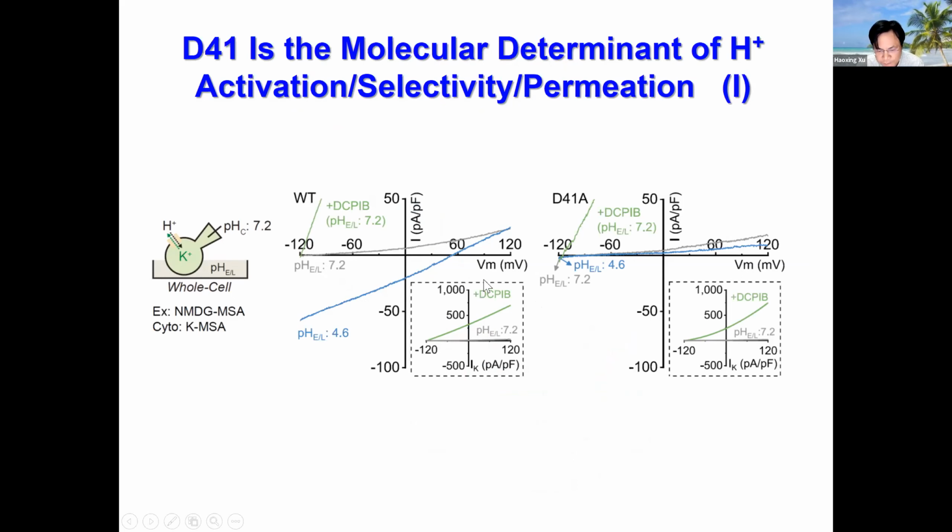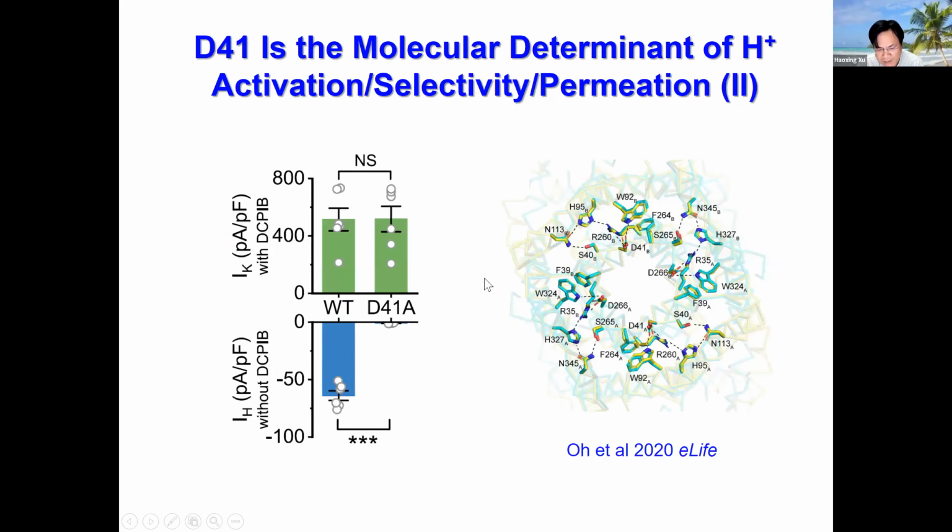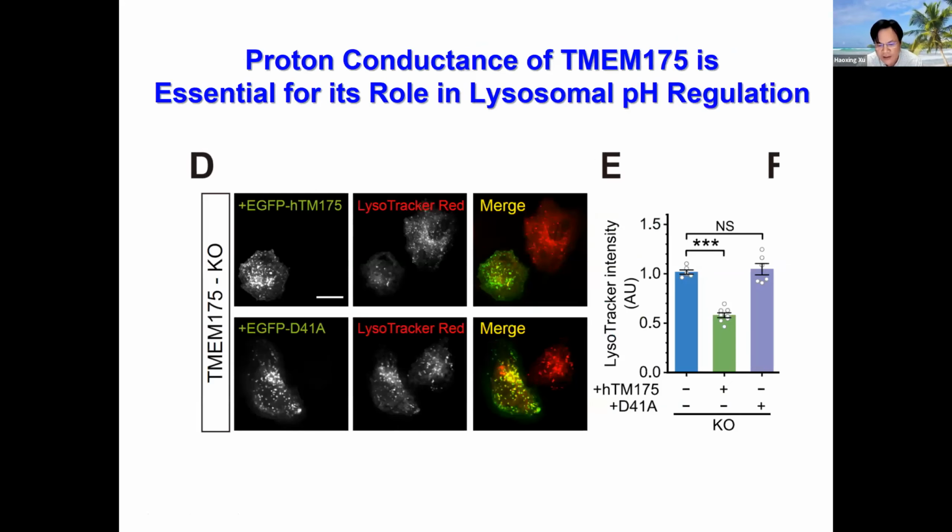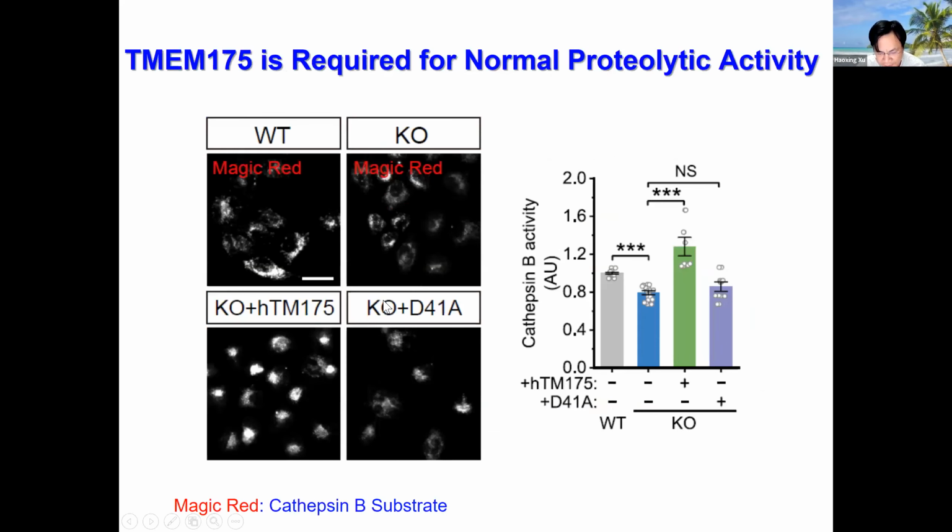So unlike the wild type channel, this D41 mutant cannot rescue the lysosomal pH phenotype seen in the knockout cells. And optimal pH is required for the activity of the luminal enzymes like cathepsin B and cathepsin D. So again, in this experiment, the loss of cathepsin B activity, shown by Magic Red staining, can be rescued by the wild type construct, but not by the D41A mutant.